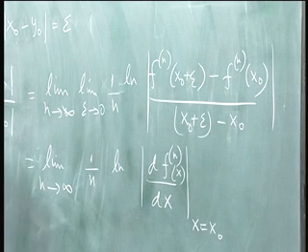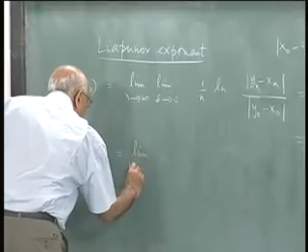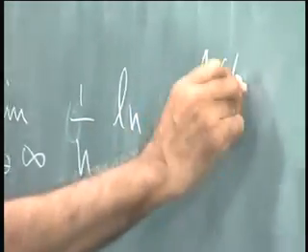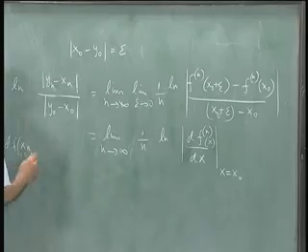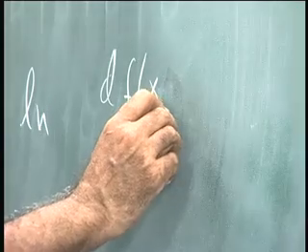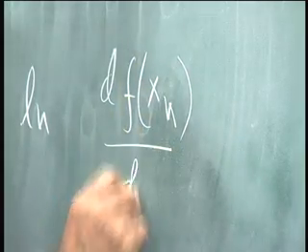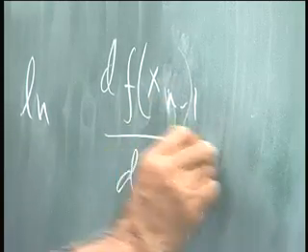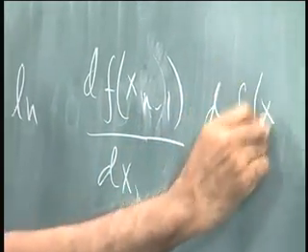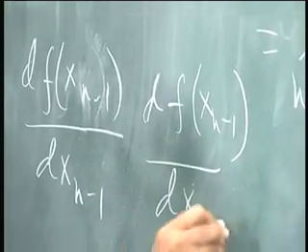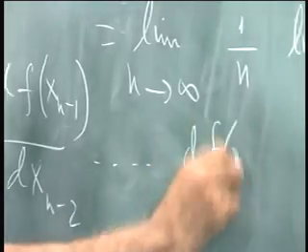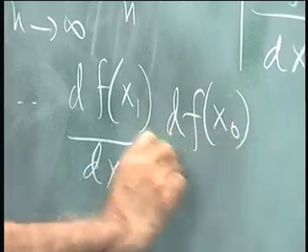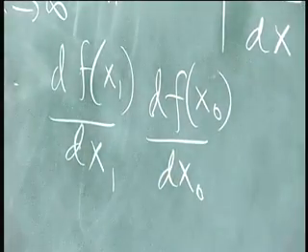But you see, you could also write this as equal to the limit n tends to infinity of 1 over n log of df x n over d x n minus 1, times df x n minus 1 over dx n minus 2, all the way up to df x1 over dx1, times df, the modulus of this.